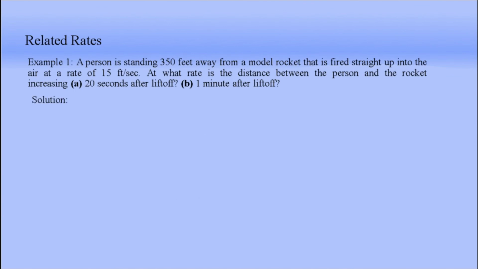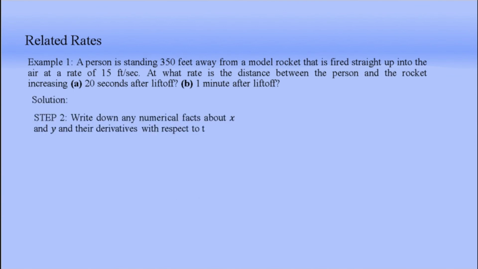Step 2 is to write down any numerical facts about x and y and their derivatives with respect to t. So we're going to write down the given values in the problem. So we have x, which is the distance a person is standing away from a model rocket, and that is 350.